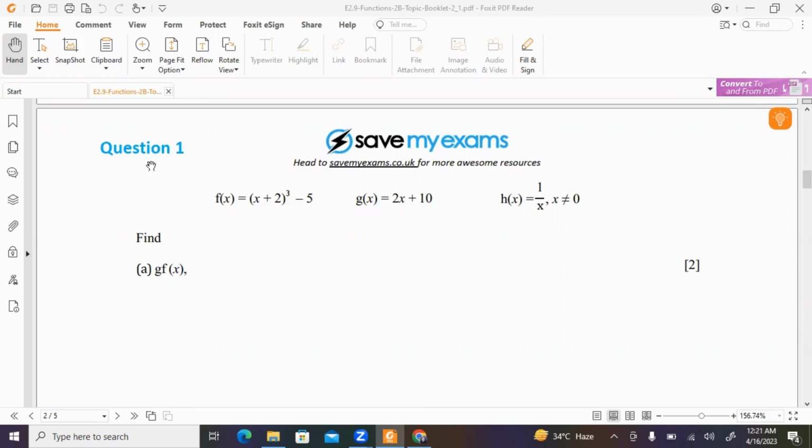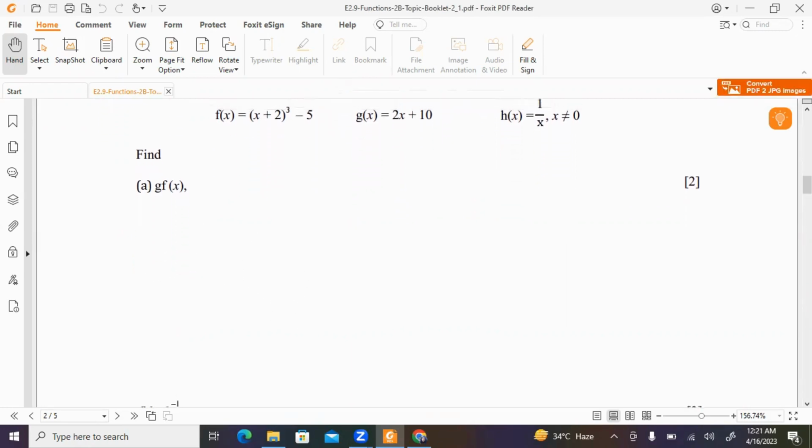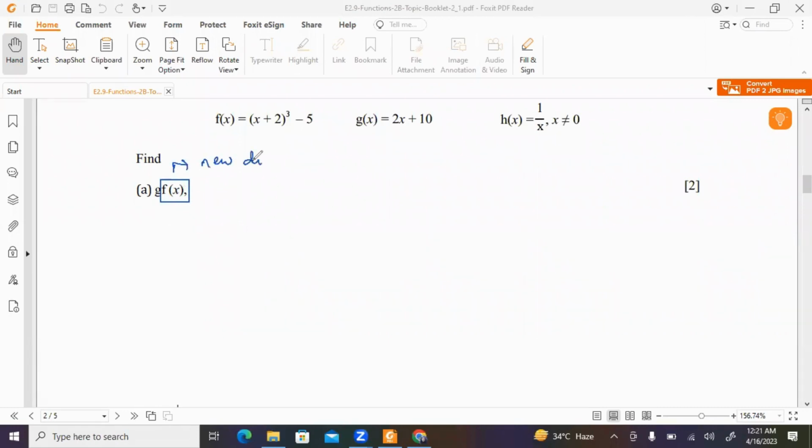If we start, question one has given us three different functions, and it's asking us to find the composite function of g of f of x. For this, we're going to change the domain of g(x) and replace that with the function f(x).